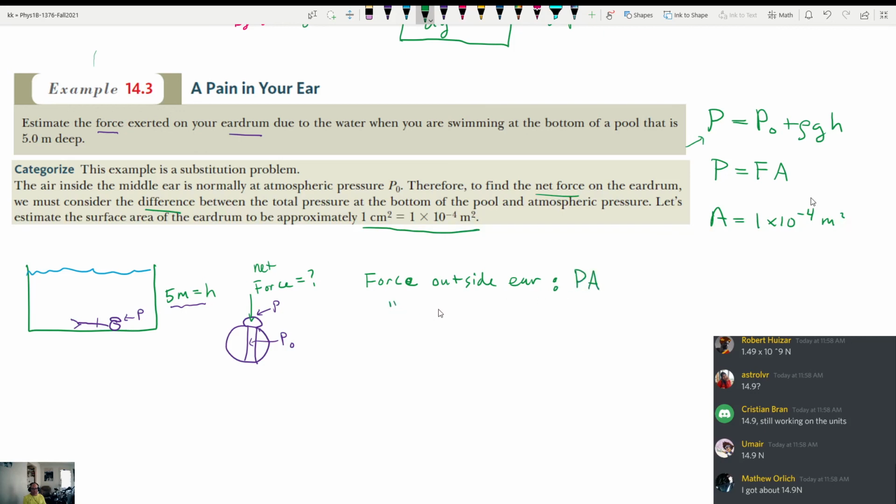And then the force inside the ear is going to be P naught times A. The way it's going to work out is that you're going to have P times A on this side, and a smaller force, P naught times A, on this side of the ear. Let's say this is the ear.